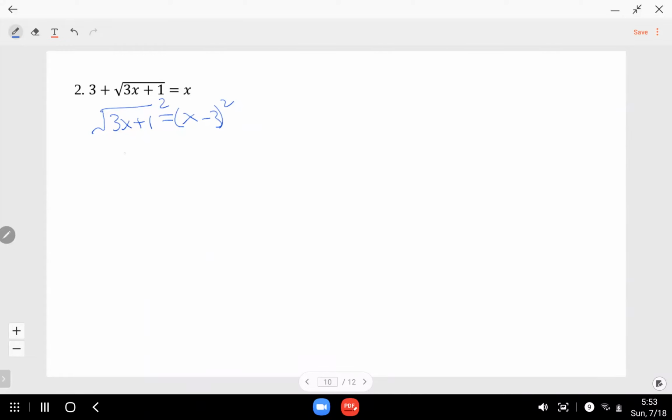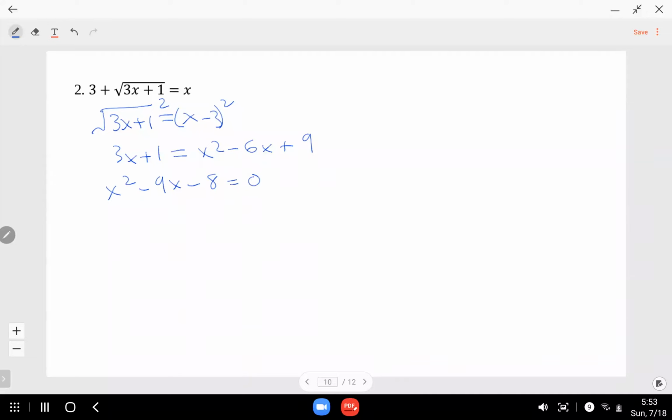So 3x plus 1 equals x squared minus 6x plus 9. And then we get x squared minus 9x minus 8 equals 0.